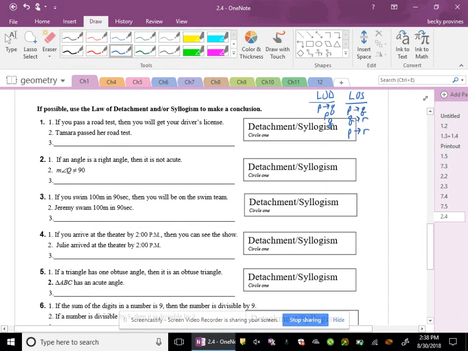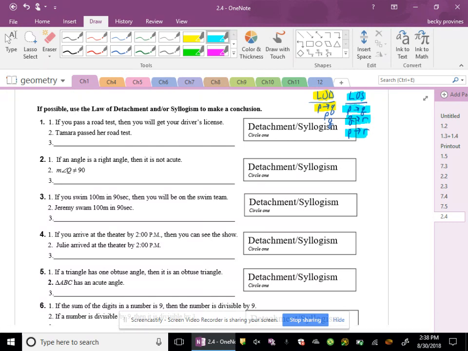I want you guys to notice something. On Law of Detachment, you really only have one if-then statement. But when you do Law of Syllogism, how many if-then statements do you have? You should see 1, 2, 3. That's one way to identify it.